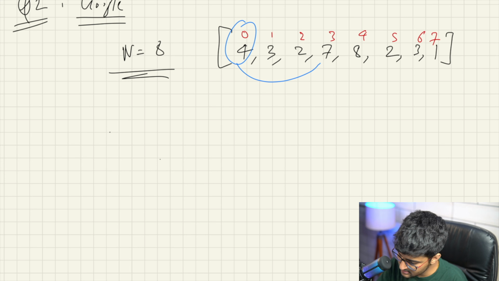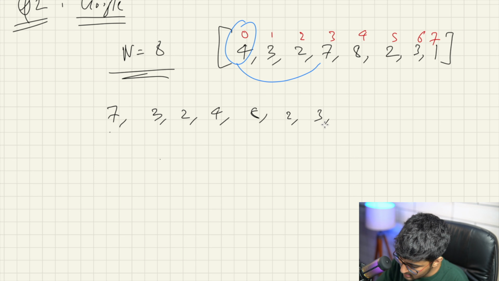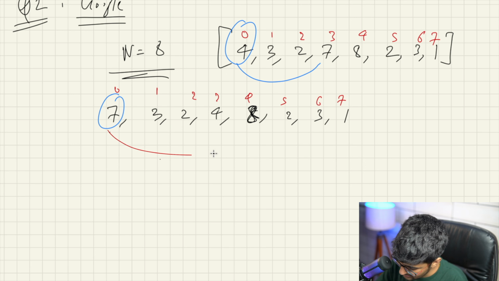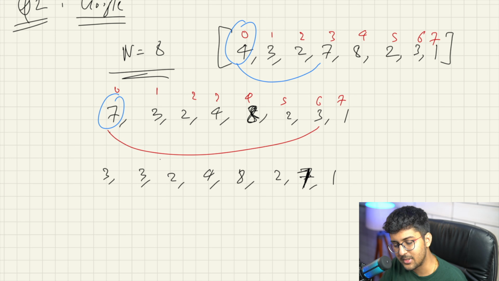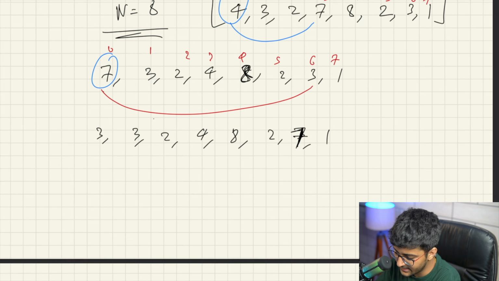So it's like swapping, similar to what we did previously. 7 3 2 4 8 2 3 1. Okay, is 7 at the correct index? No, it's not. Okay, put it at the correct index. So 3 will be swapped with this, whereas we already did this thing, nothing new over here. 7 and 1, it just has a few duplicate elements which will be skipped automatically, as you will see right now.